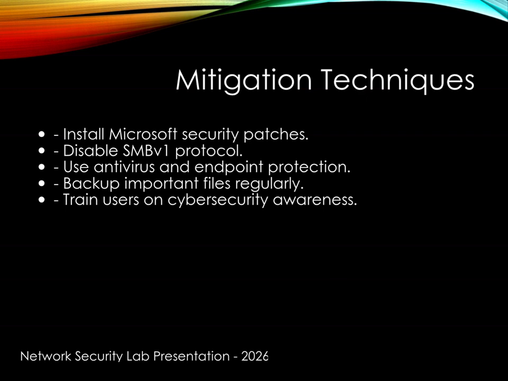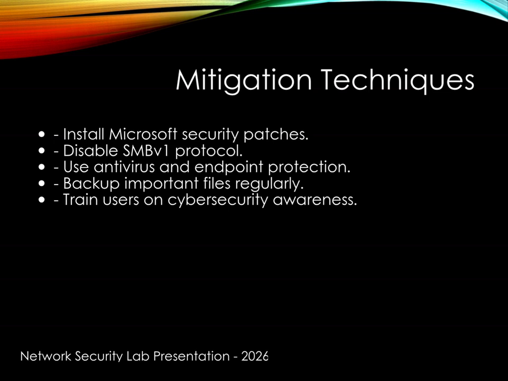So how can organizations defend against attacks like WannaCry? Several mitigation techniques prove effective. First, you can install Microsoft security patches. In fact, Microsoft had already released a patch for the EternalBlue vulnerability before WannaCry struck, but many organizations had not applied it. Second, disabling the outdated SMB version 1 protocol reduces exposure.